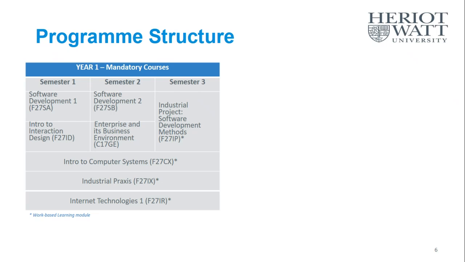These courses are important to give the fundamental meta skills to the student. The same happens in semester 2 with 2 other courses which give the fundamentals of computer science. And then they have 3 work-based learning courses: Introduction to Computer Systems, Industrial Practice, and Internet Technologies.